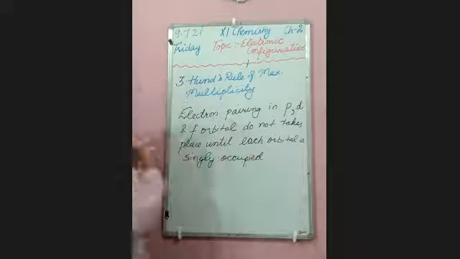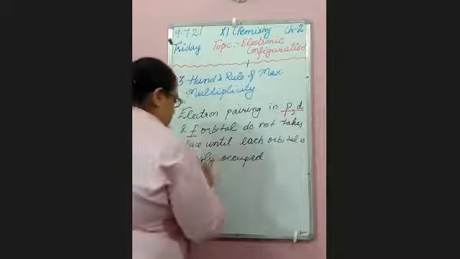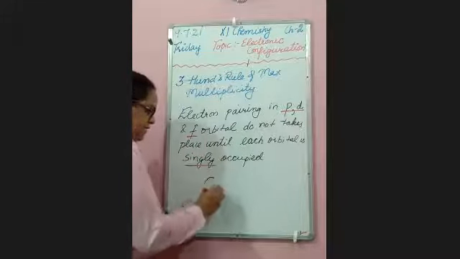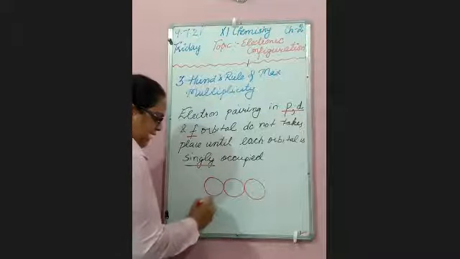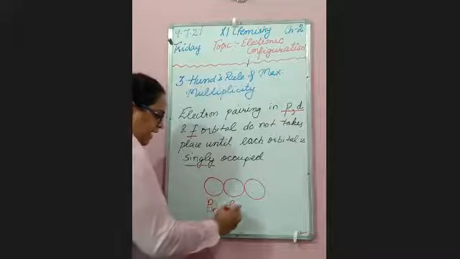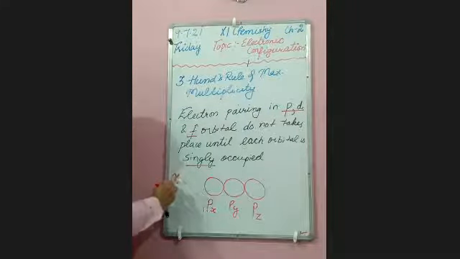I am taking the example of the p orbital. See, suppose this is your p orbital. The p orbital has 3 orbitals, px, py, pz, and I have 3 electrons.